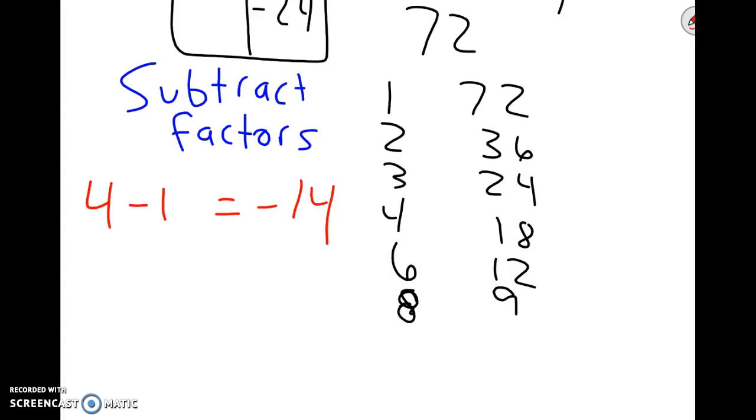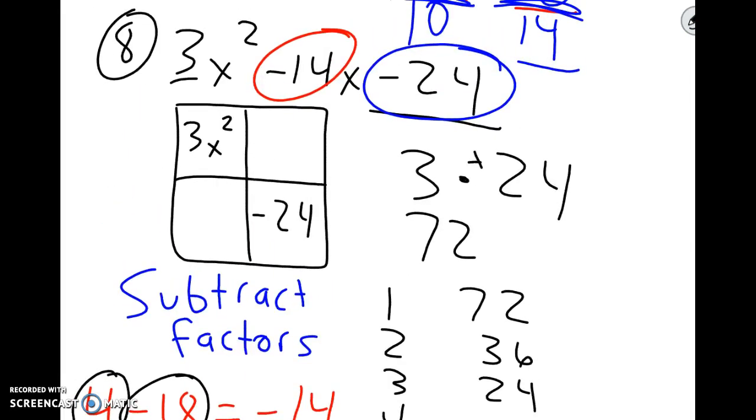And that, my friends, is what we plug into the box. 4 and negative 18, add an x. And that's it.